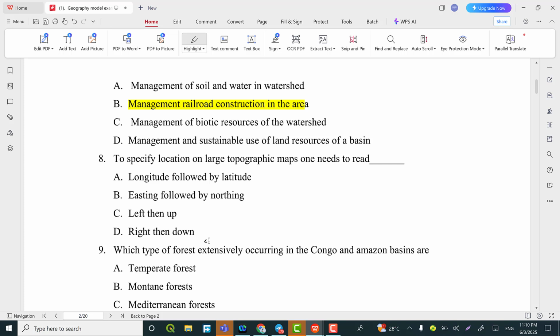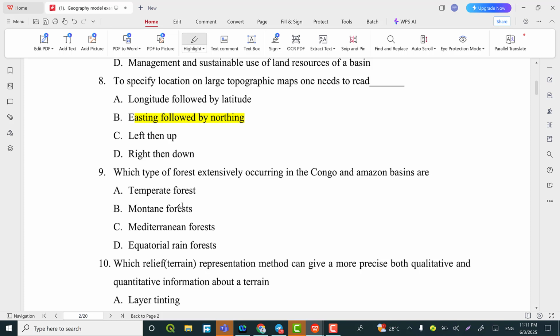Suppose if you are a cartographer and you are expected to read any topographic maps, mainly topographic maps are generated within eastings and northings. So the answer is B, easting and northing. Mainly the topographic maps are designated or designed within easting and northing. So the answer is B.